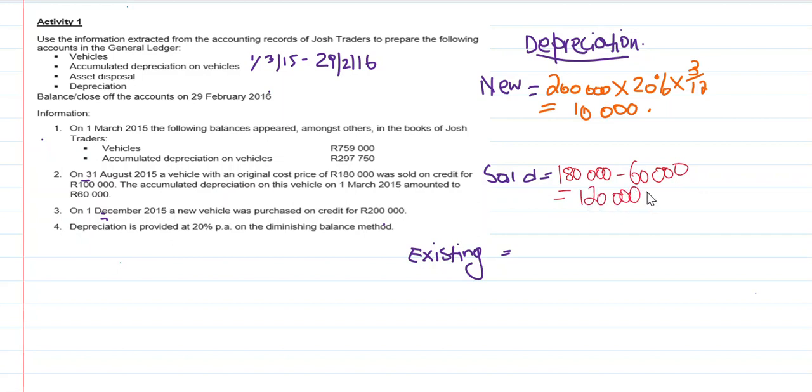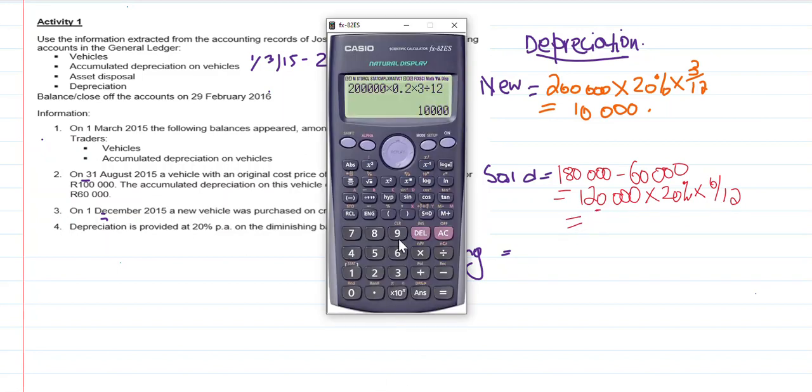Then you multiply this by 20% and by 6 over 12. Why are we minusing here? Because of the diminishing balance method. Cost price was given and accumulated depreciation was given, so we minus them against each other because of this term. Then we multiply the difference by 20% and by 6 over 12.